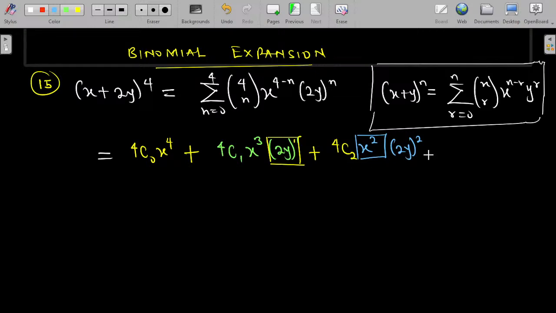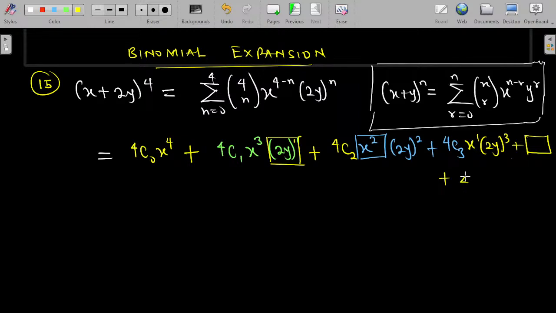Then plus the next one is 4 combination 3, then x will be 4 minus 3, so power 1, and you now have 2y to the power of 3. That's not the last one. The last one, they actually gave a box entirely, so you are to fill in the last one, and I'm going to be doing it down here.